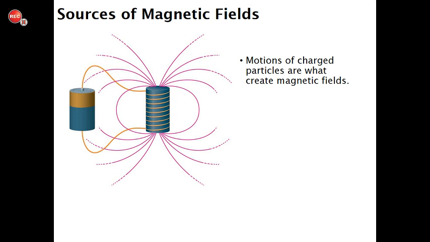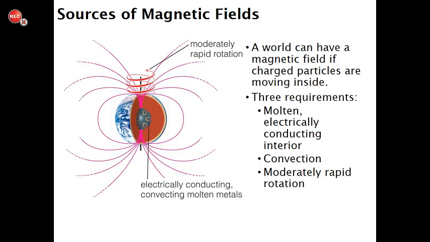So in a planet, what's going on? Well, planets have electric currents in them. You can measure some of them by basically measuring the current passing through the dirt at the surface. But in general, what we think is going on is you have a molten and conducting interior.